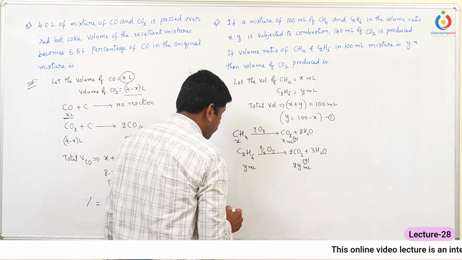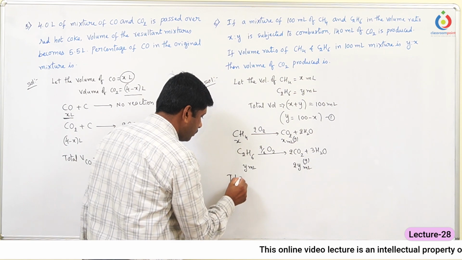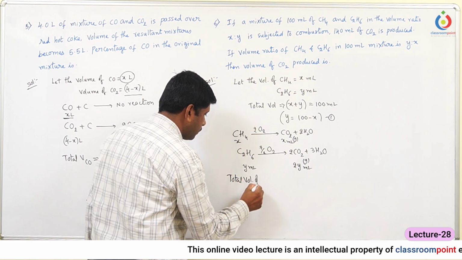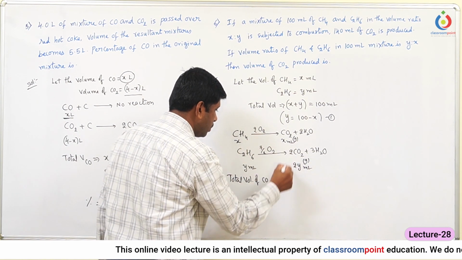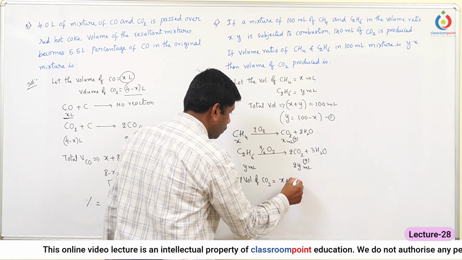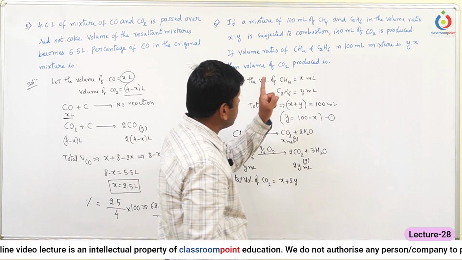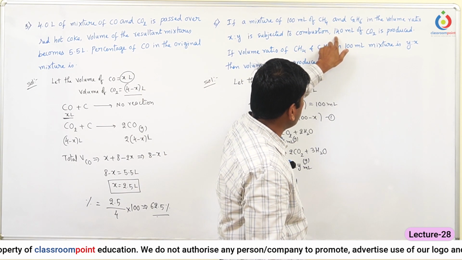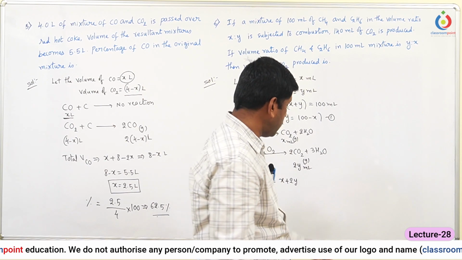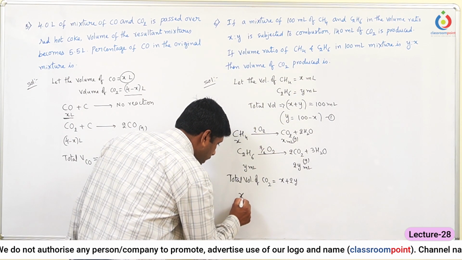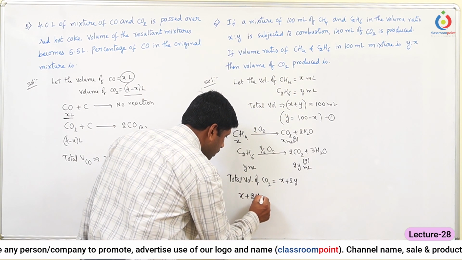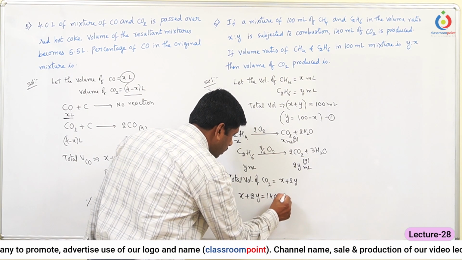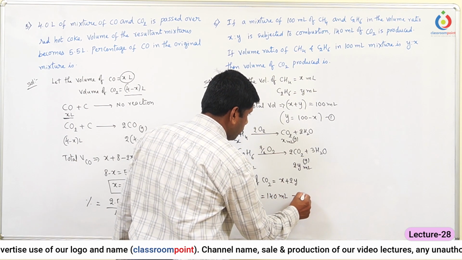Now the total volume of CO2 is X plus 2Y. And they said both of these compounds on combustion produce 140 ml of carbon dioxide. That means X plus 2Y equals 140 ml. This is equation number 2.